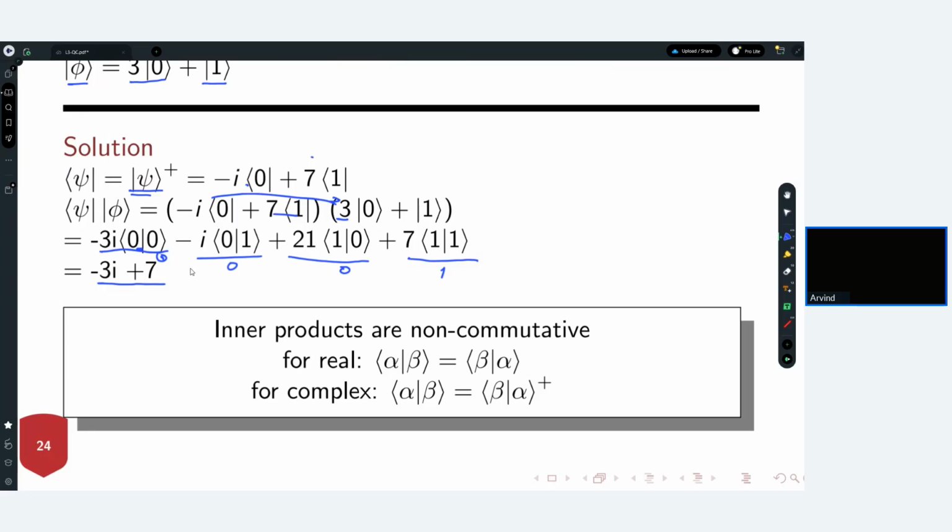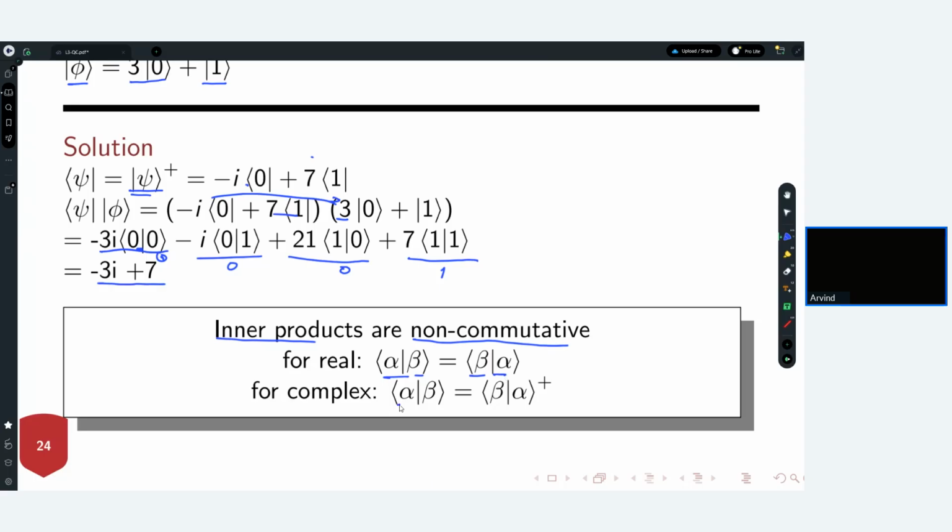So this is the scalar product of two functions, where the first function is written in bra notation and the second function is written in ket notation, which is also called the inner product. Inner products of two quantum functions described in bracket notations are non-commutative. Non-commutative means the multiplication of bra alpha with ket beta is equal to bra beta and ket alpha only if all the terms are real.